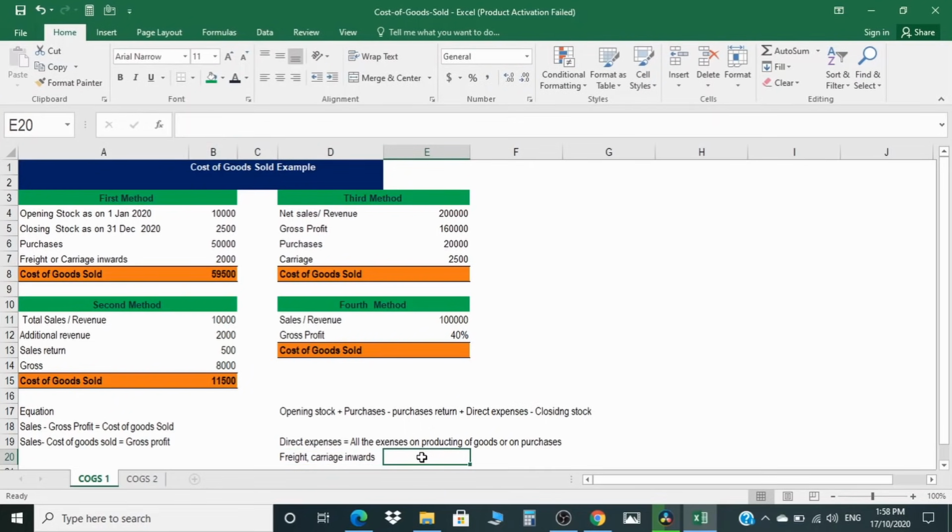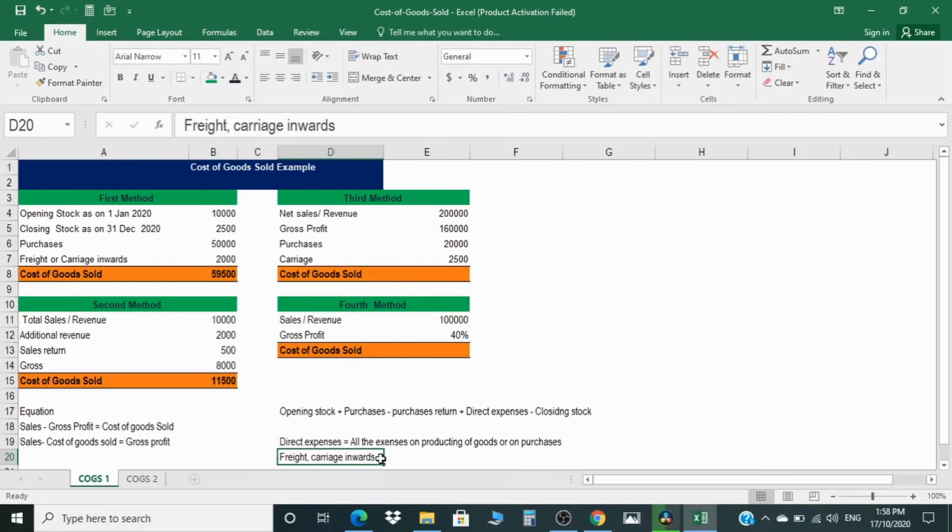When you sell something, you are sending things out of the business, that's an outward carriage. But when you purchase, you are purchasing your raw material or the goods for the company, so that's a carriage inward for the factory. So you have to take just inwards, not the outward.